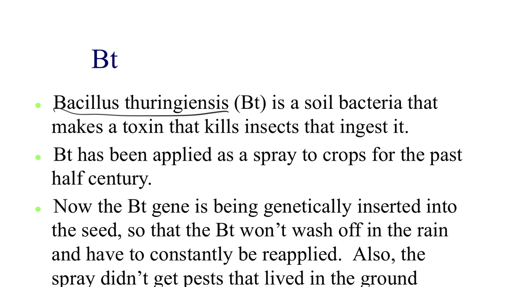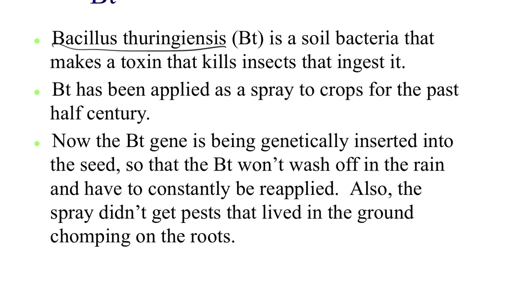We have put the bacteria in water and sprayed it on crops for the last 50 years because it keeps insects that try to eat the crops from surviving. It kills them.